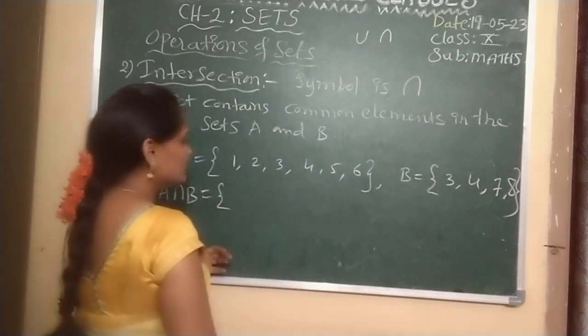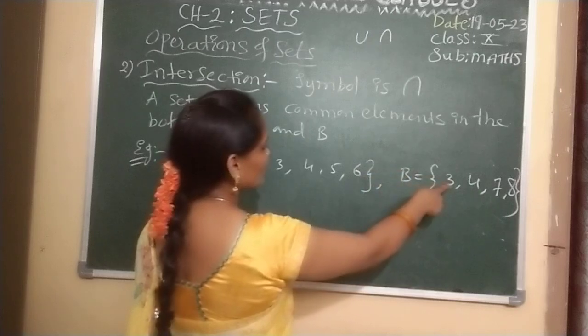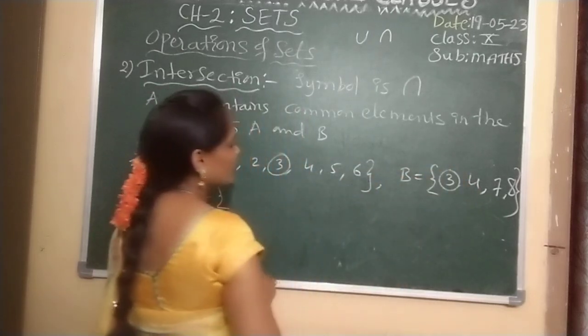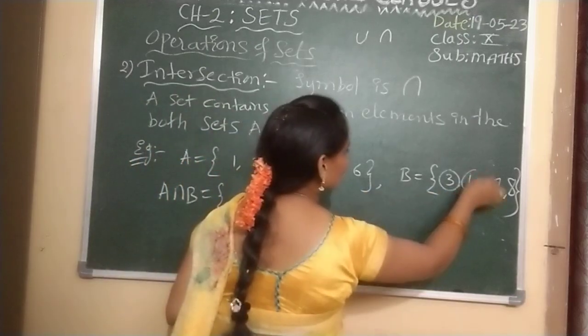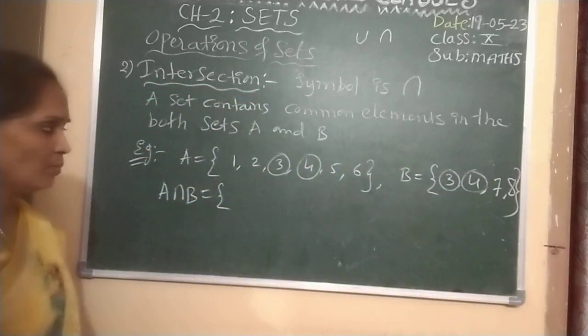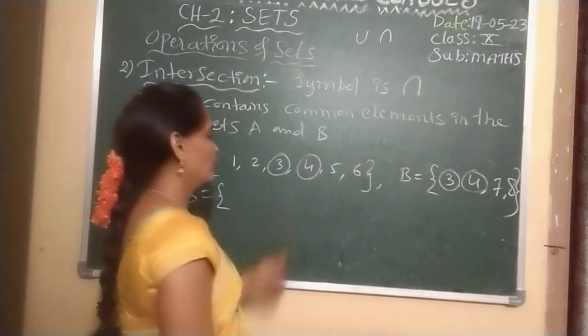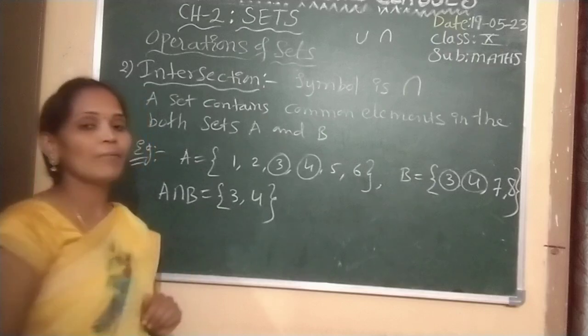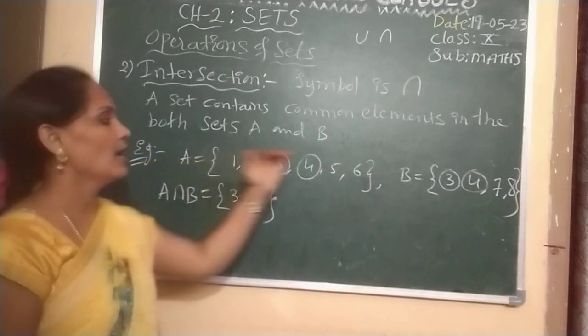Here 3 is there. Here 3 is there. 3 is common. Next 4 is common. Still any numbers common? No, there are no common numbers other than this 3 and 4. So 3, 4 are the common numbers in both the sets A and B.